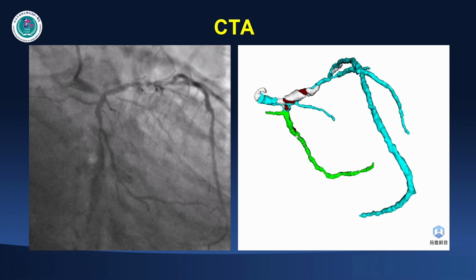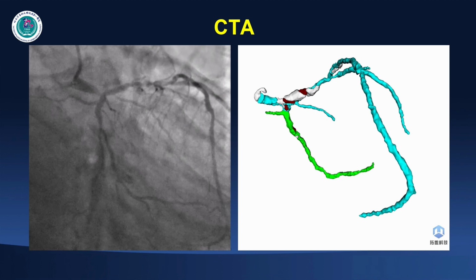And this is the left coronary artery of this patient. We can see the green one is the circ, the light blue one is the LAD, the white one is the calcified plaque, and the brown one is the soft plaque. Just at the left main bifurcation area, there is a large calcified plaque.